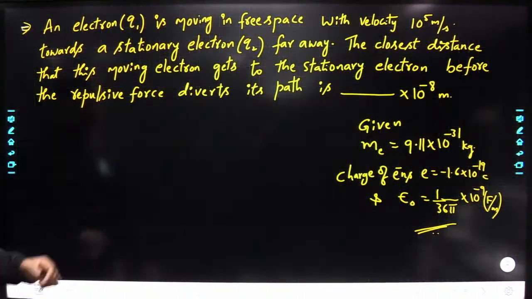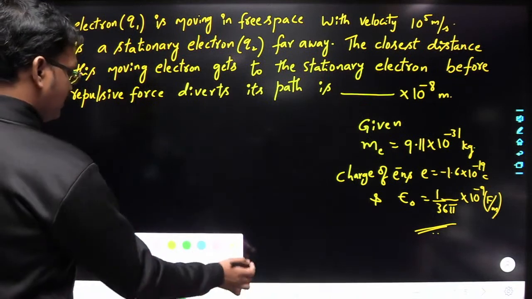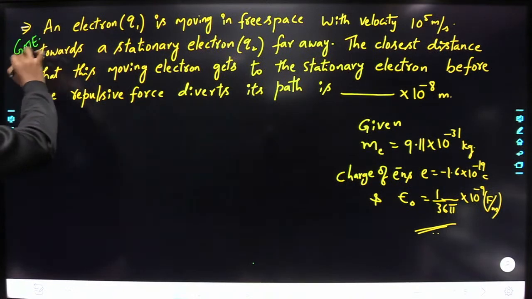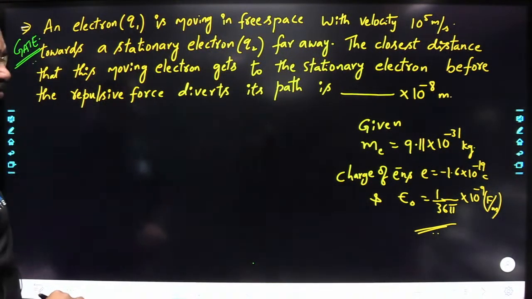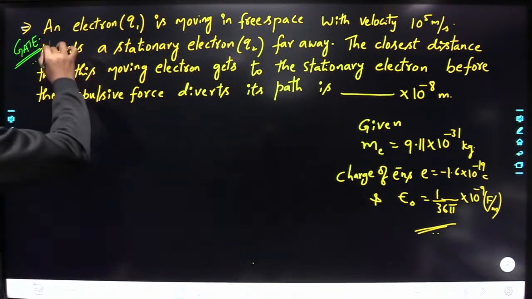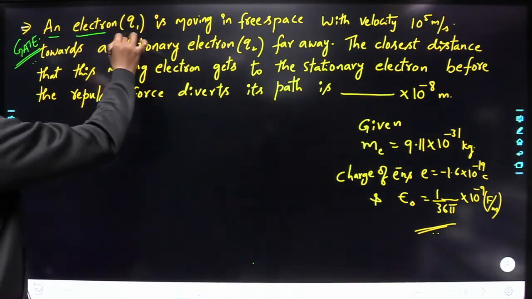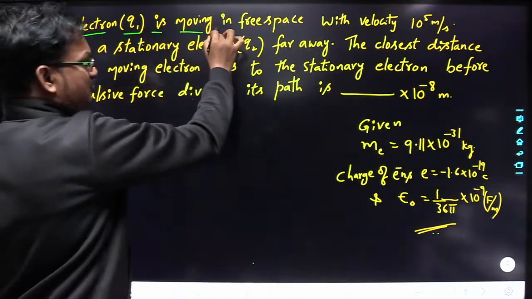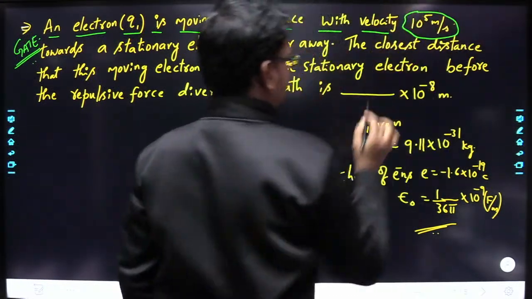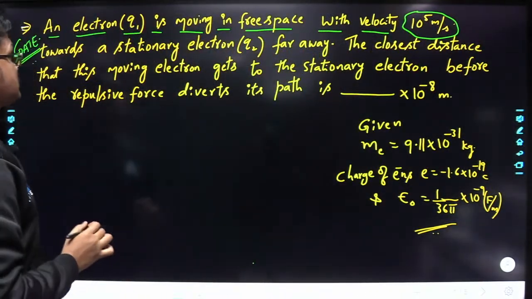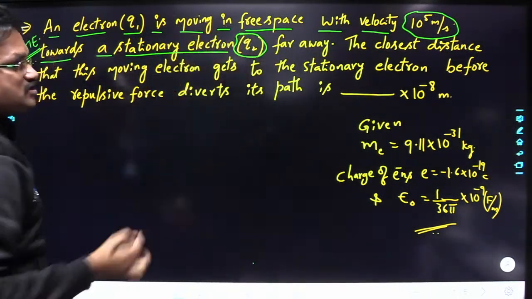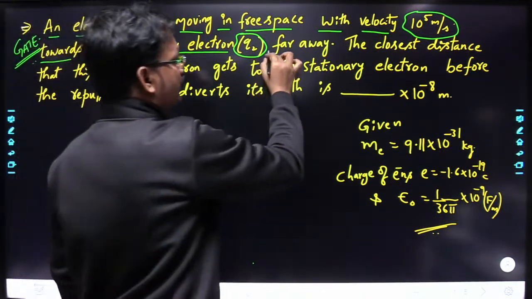So this question is given in GATE. Here, what is the question they are asking? An electron Q1 is moving in free space with velocity 10 power 5 meters per second towards a stationary electron Q2 far away.